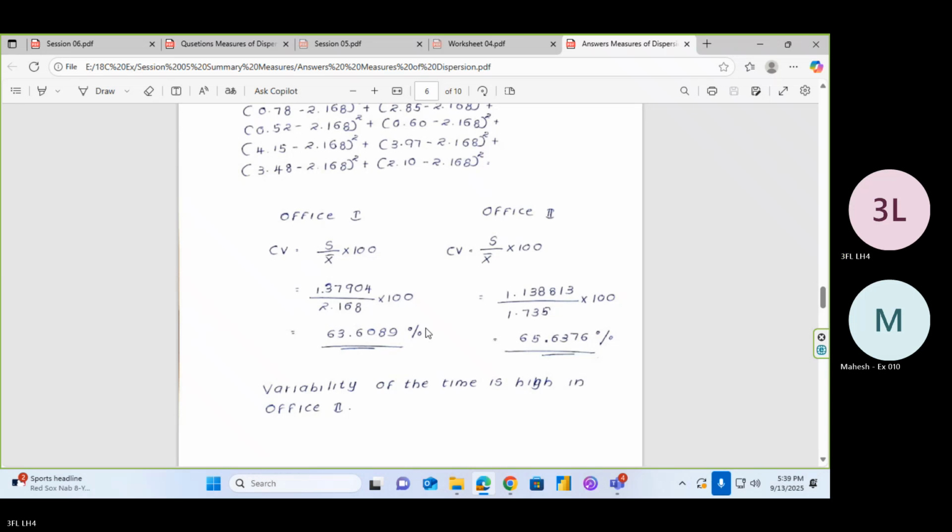Office 2, no? Office 1 is 63 point something, no? Office 2 is 65 point something. Then if the CV value is high, it means variability is high. Then the answer is office 2. Variability of the time is high in office 2.